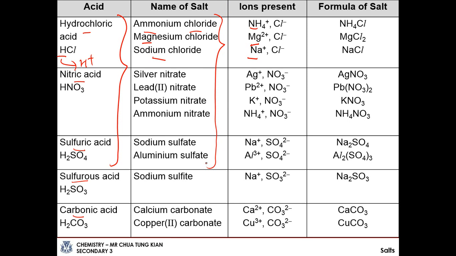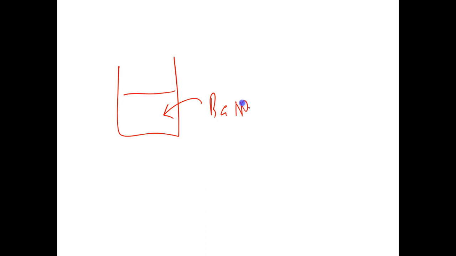And the next question you'll be thinking is, how in the world are you going to separate these salts out from the reaction mixture? Because if you were to react, say, an acid, so let's say inside here you have barium nitrate, and you add in the acid H2SO4, sulfuric acid, because you want to produce the salt barium sulfate.